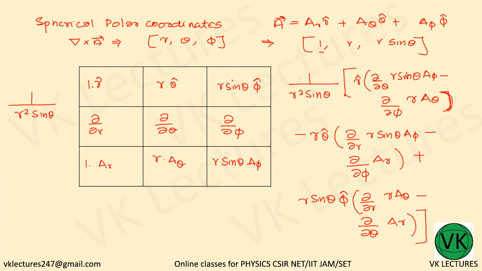This is the del cross A in r theta phi, that is the spherical polar coordinates.